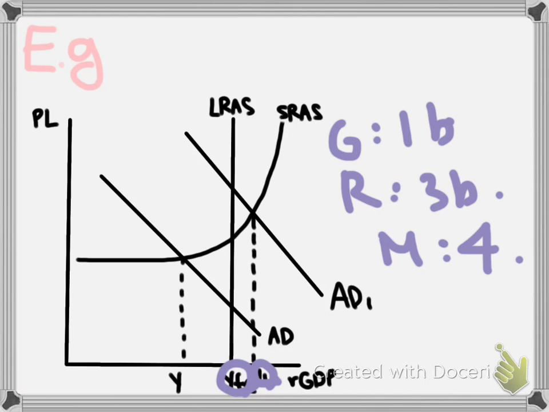In order to be more effective, the government spending has to decrease by $1 billion to shift back to its full employment level, where it's more effective than $1 billion more.